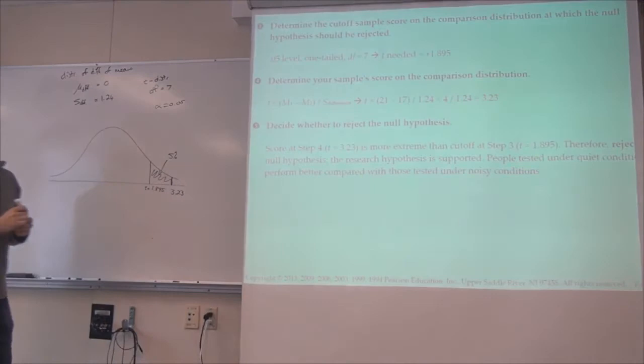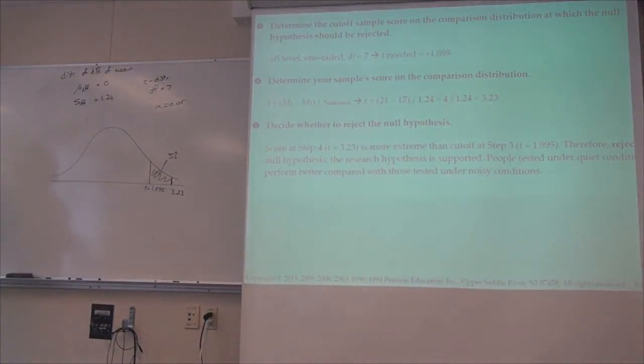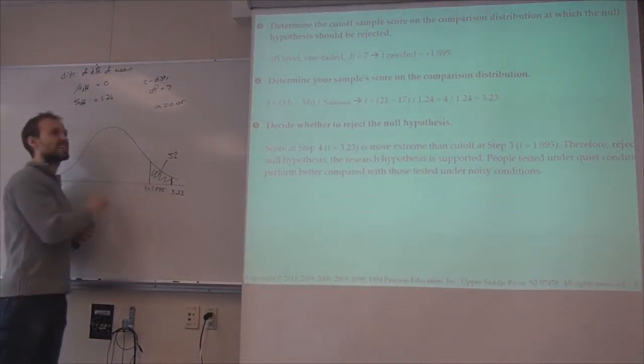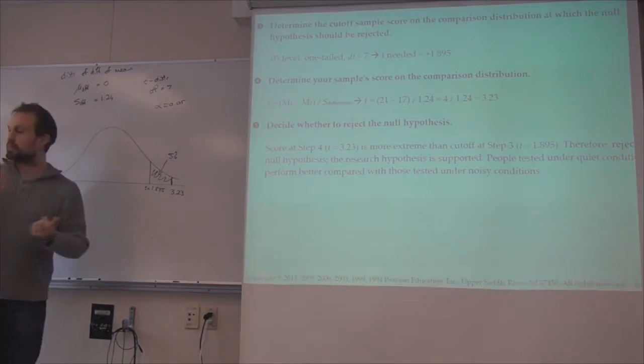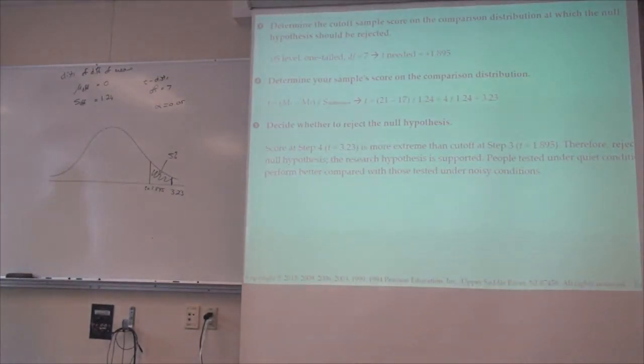So I can reject the null hypothesis. I have strong enough evidence to reject the null hypothesis and support the research hypothesis that people perform better in the quiet environment.